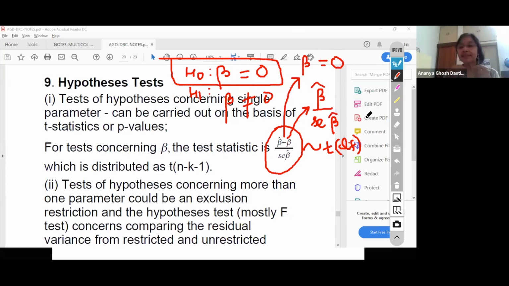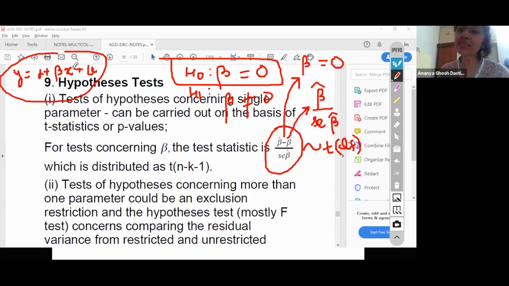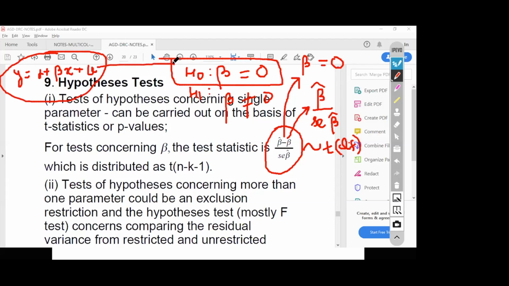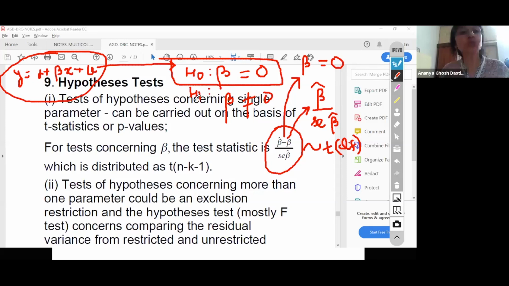Now, these are a few conceptual points which I want you to understand very clearly. Okay? First of all, what is my model? Y is equal to alpha plus beta x plus u. In this model which I'm circling, what do I want to test a hypothesis about? Obviously about something I don't know. What don't I know? I don't know the unknown parameters. I don't know what is beta. So always the hypothesis is about the unknown parameter.